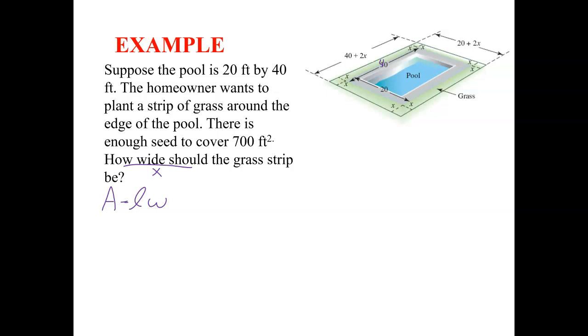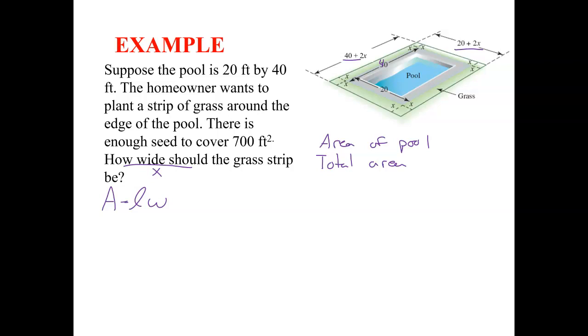Given the length and width of the pool in integers, I can find the area of the pool. So I know, essentially, the area of the pool. Given expressions that represent the full length and the full width, I can find the total area as well, or at least have an expression that represents it. Total area.